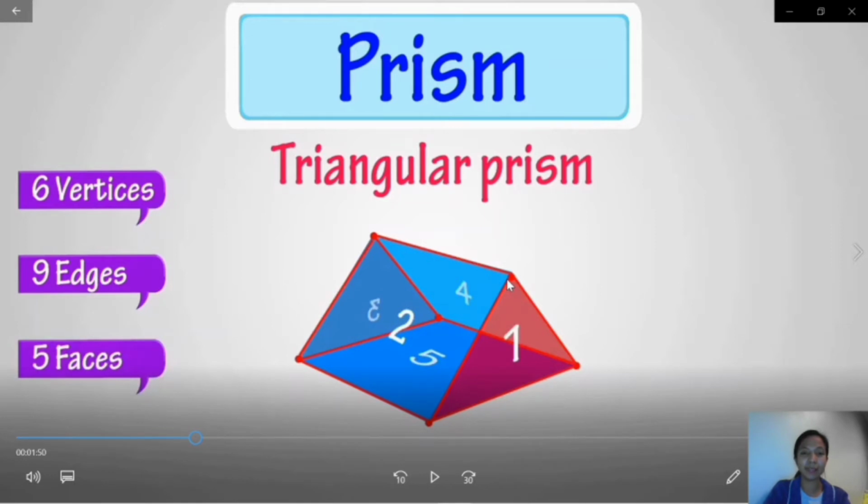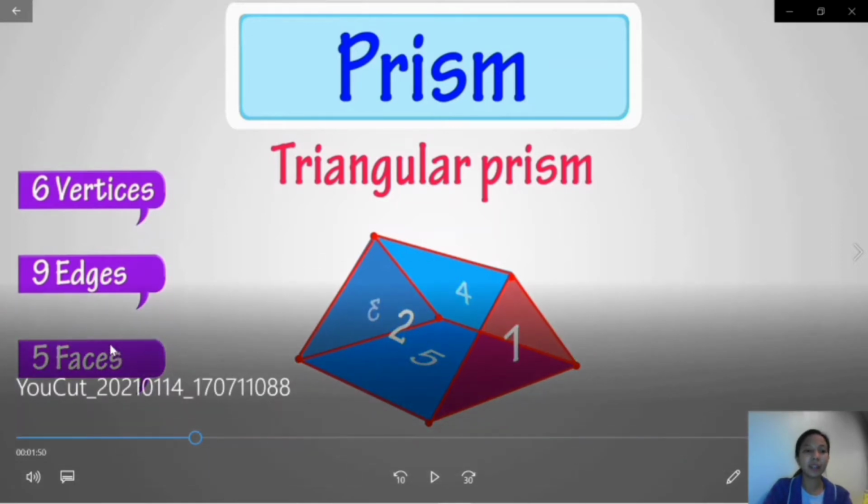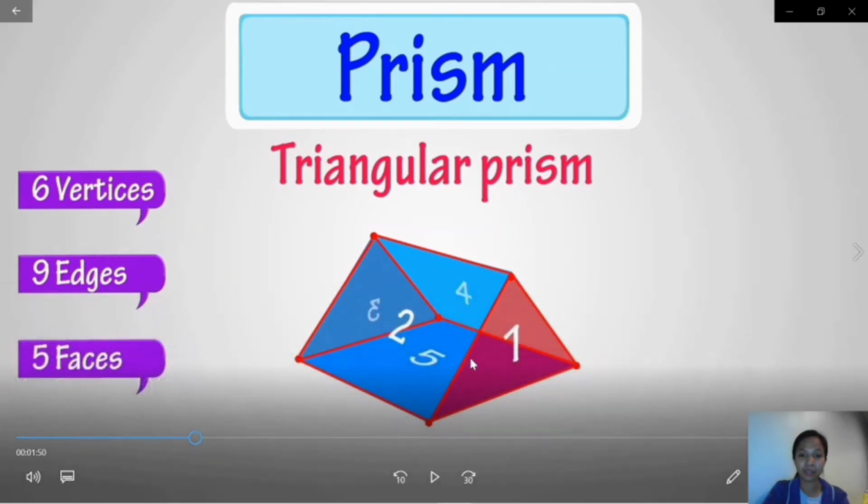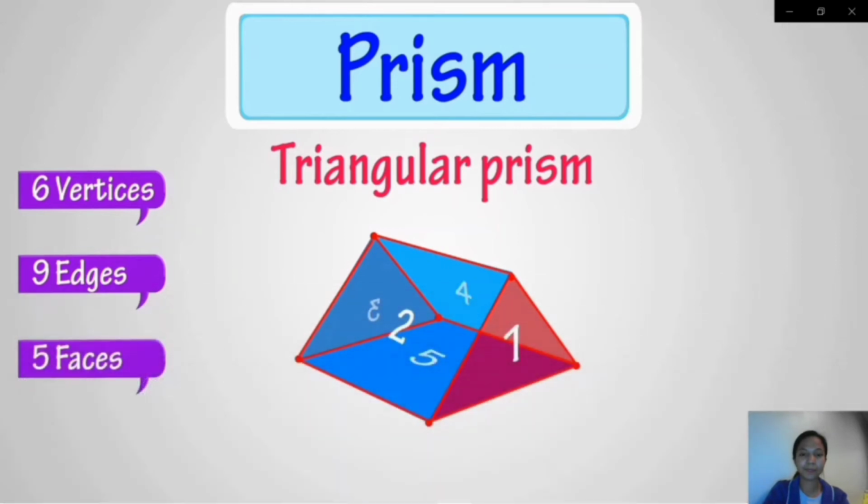Again, the triangular prism has 6 vertices, 9 edges, and 5 faces. The face is a flat surface.